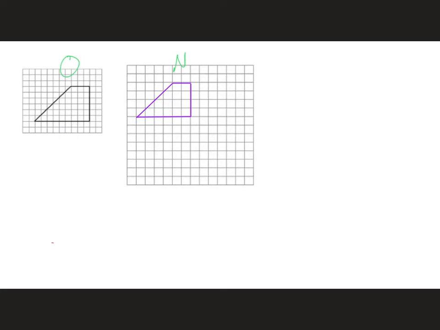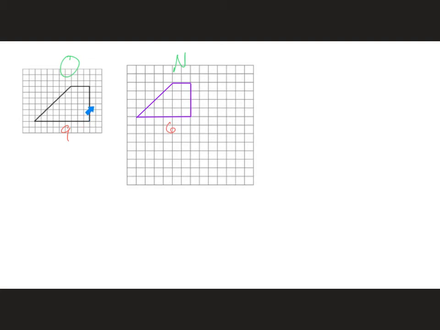If you want to pause the video here to check your answer and see if you can come up with a ratio between the two, please feel free to do so. 1, 2, 3, 4, 5, 6. So that is 6.